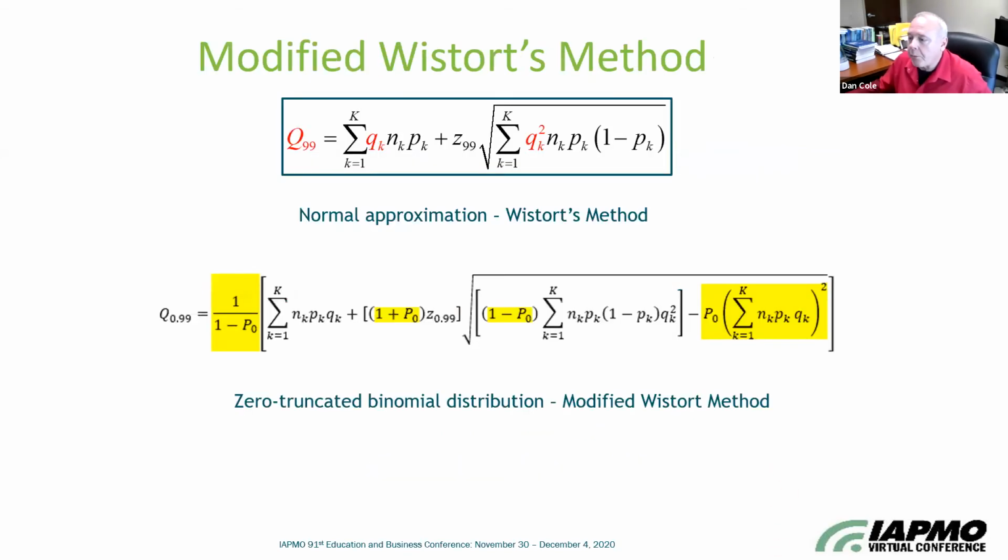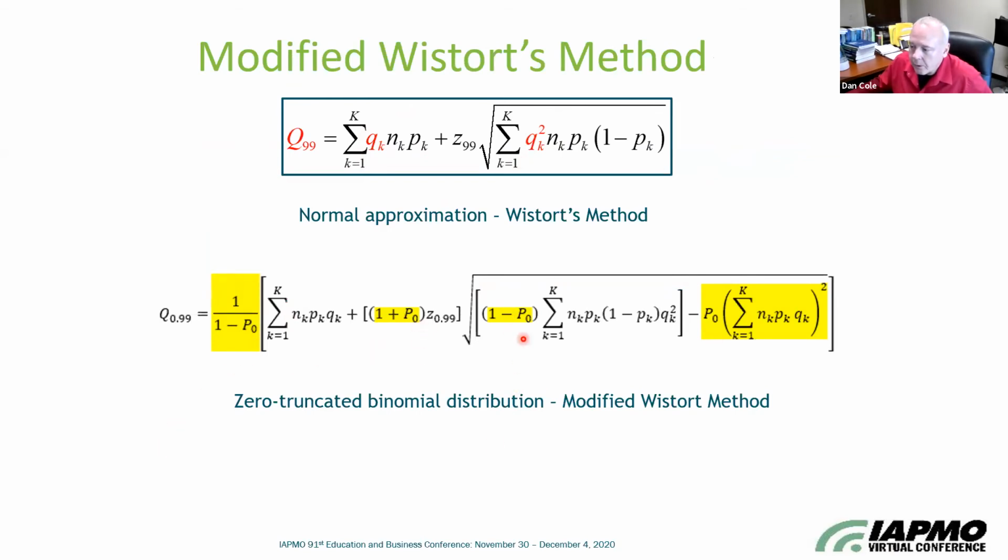So how have we modified the Wisdorf equation? Again, here's the Wisdorf equation, the normal approximation that added the flow rate into the equation. What we have modified is what is marked in yellow. And you will see the P naught.